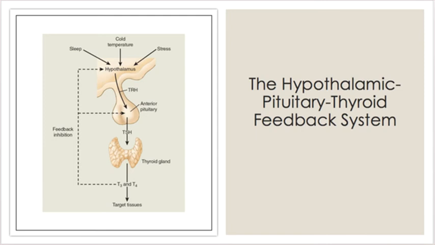Thyroid stimulating, clever name, to start doing its job. The thyroid then releases T3 and T4 into circulation to travel to target tissues. And again, it's this feedback loop system, so the elevated amounts of T3 and T4 in circulation actually go and inhibit either the TRH or the TSH from being secreted.